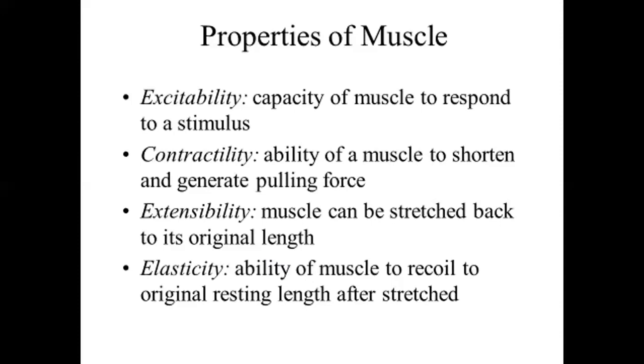It can be elasticated like a rubber band. You're able to stretch it, and when you release it, it will go back to the original length. So that is called elasticity: the ability of the muscle to recoil to original resting length after it has been stretched. So at least remember these 4 properties of a muscle.